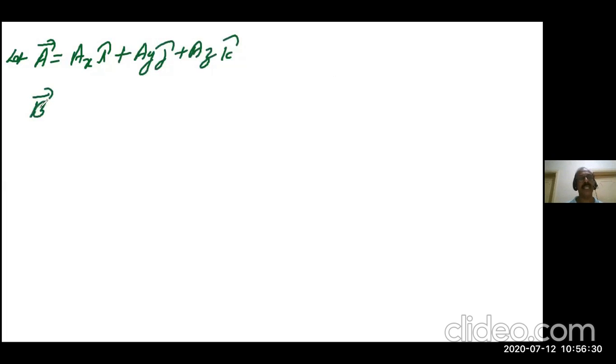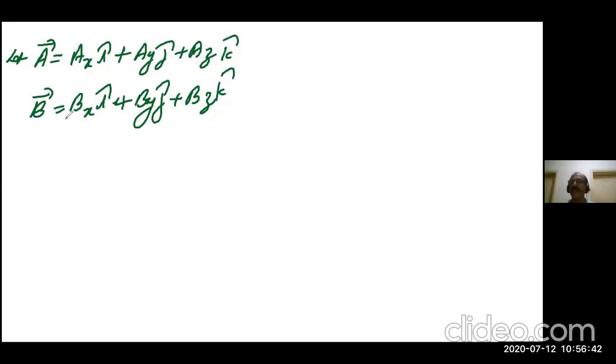And vector B is equal to BXI plus BYJ plus BZK.